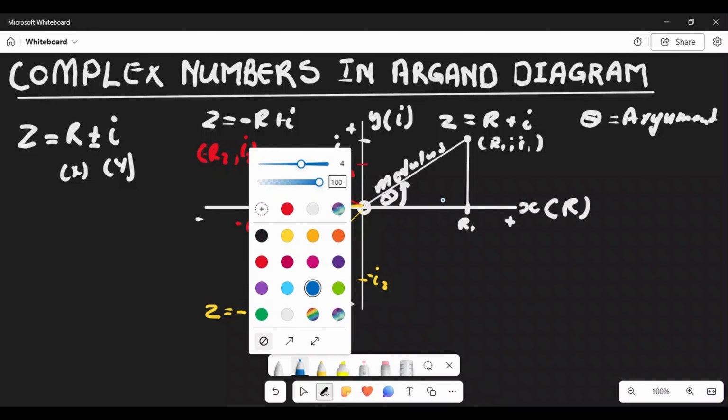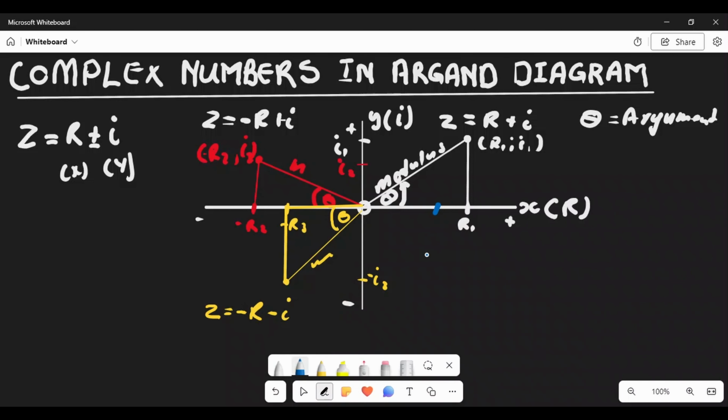Here on this quadrant, let's say our r is going to be r4, which is going to be here, and then let's say our i here is going to be negative i4. Now as you can see, when you have a complex number that has a positive real number but a negative imaginary number, the Argand diagram is going to be on the fourth quadrant.